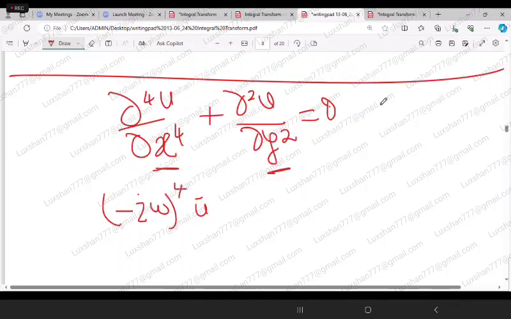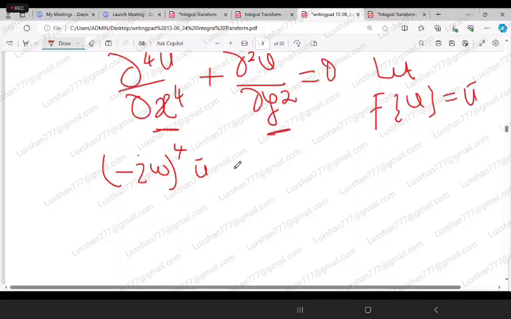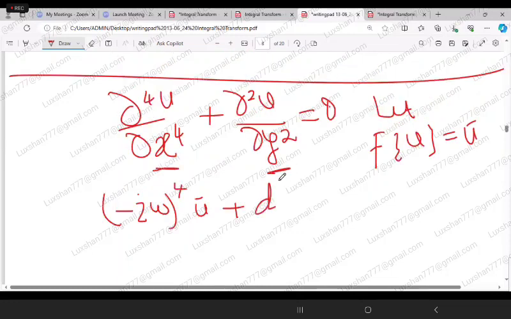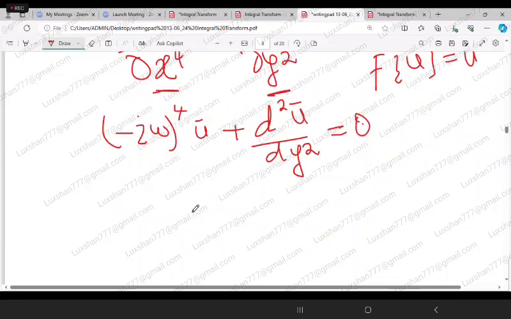The second is with respect to y, so it becomes d squared u bar over dy squared. Right hand side is 0. Then we will have the equation d squared u bar over dy squared plus omega to the power 4 u bar equal to 0.